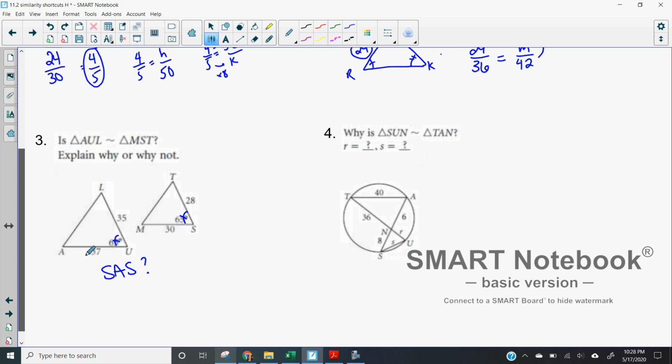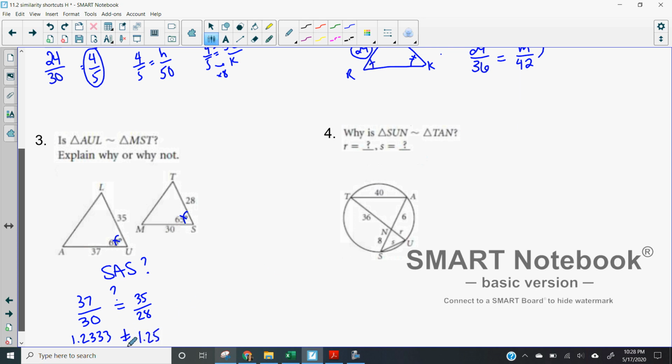How about 37 over 30? So kind of the bottom sides there. Does that equal 35 over 28? The easiest thing you can do is just in the calculator, divide and get a number. 37 divided by 30 is 1.23333, repeating. 35 over 28 is 1.25.